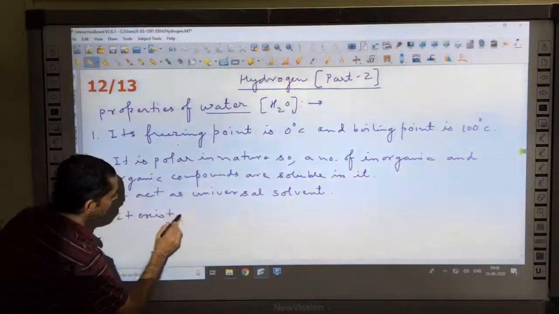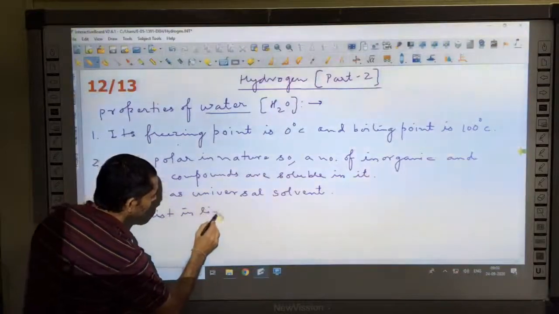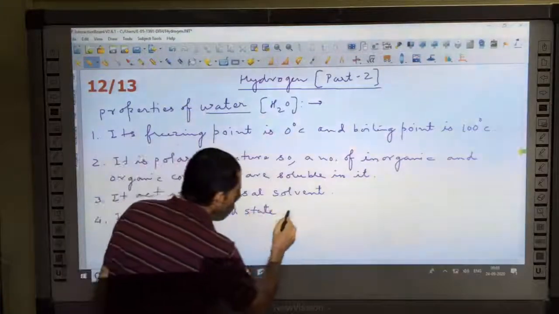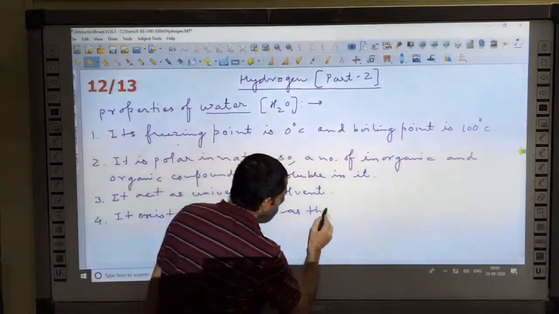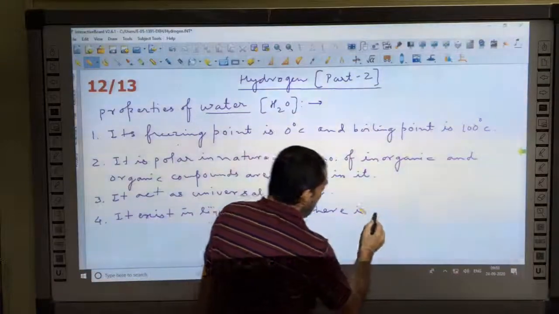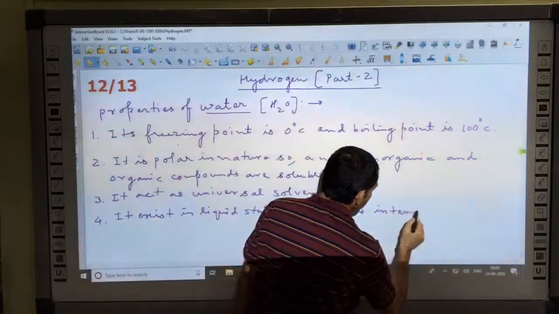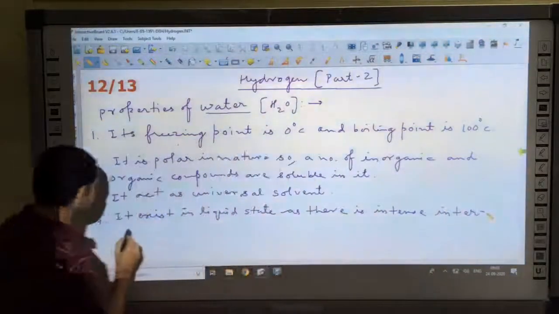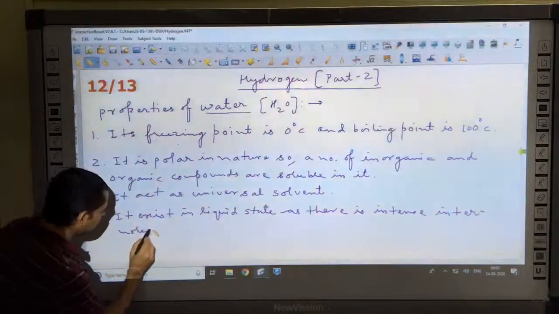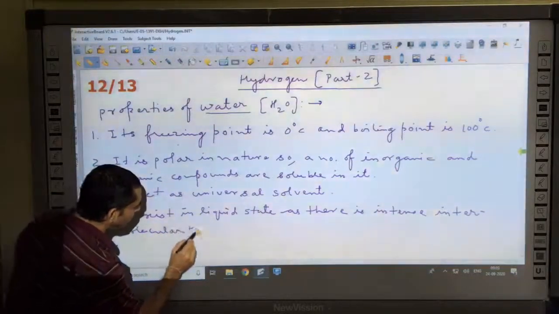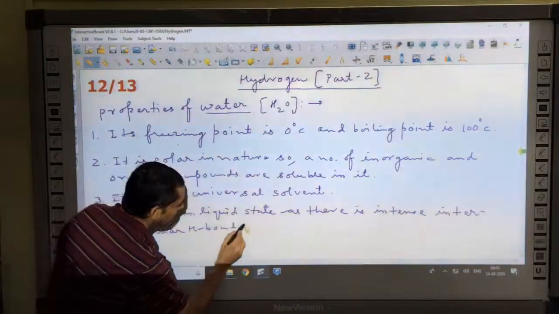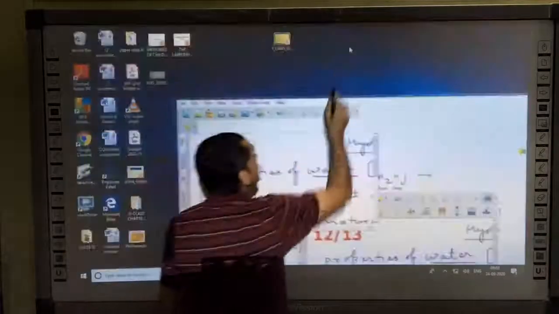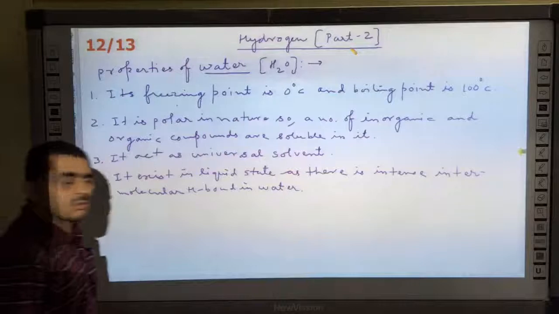Water exists in liquid state as there is intense intermolecular hydrogen bonding in water.